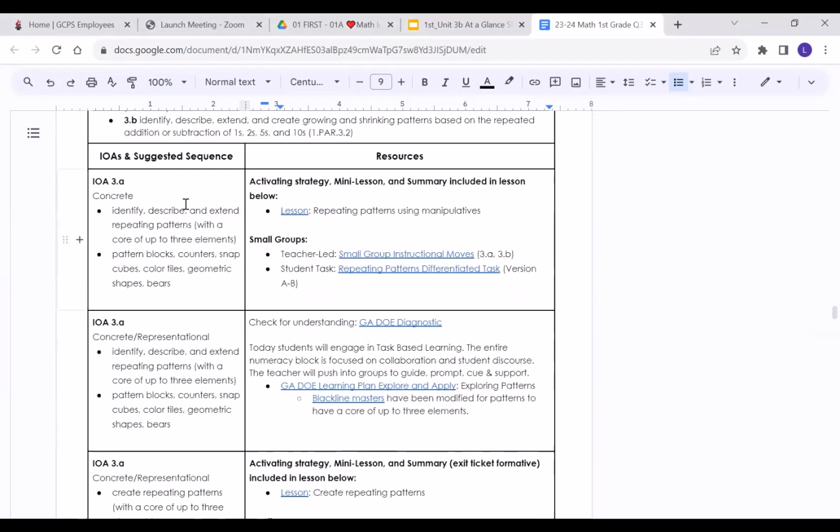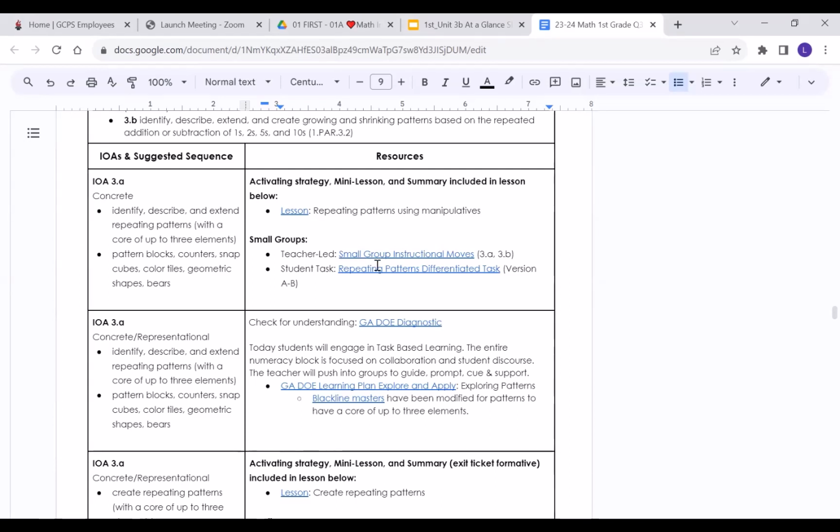The left column of the pacing guide will list the progression through concrete, representational, and abstract strategies. The bullets also indicate the learning objective for the day, as well as any suggested manipulatives. The right column of the pacing guide shows the instructional resources that align to the intended learning objectives for each day of instruction.